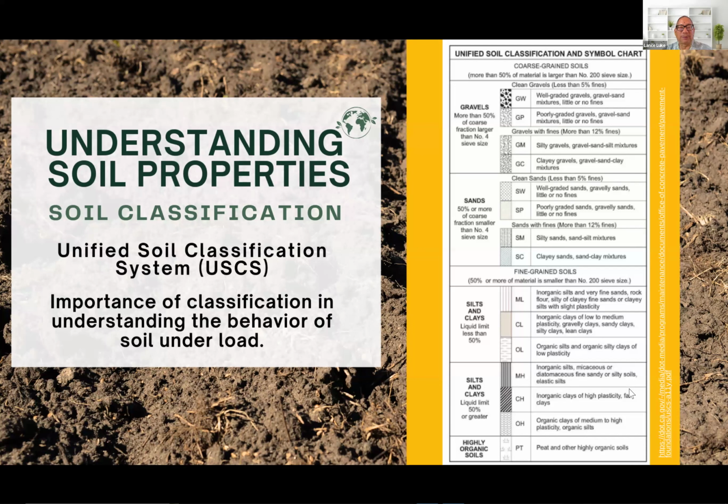Understanding soil properties now gets kind of technical. Soil classification: believe it or not, there's a classification system called USCS, which means Unified Soil Classification System. This is important because anybody reading the report would understand the classification and the behavior of soil under load.